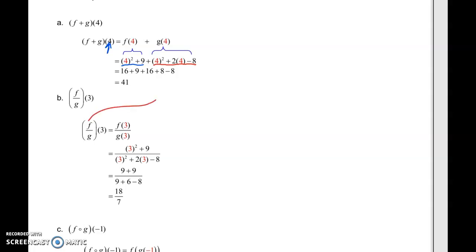So this notation here tells me to take f of x and divide by g of x. And so you'll see inputting 3 into f, inputting 3 into g, and then evaluate each of those separately and then divide, or leave it in this fraction form.